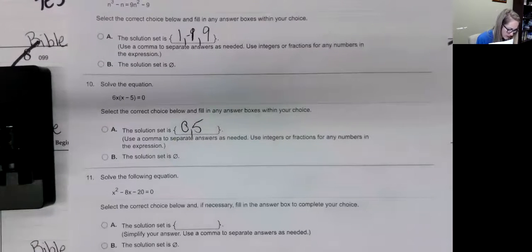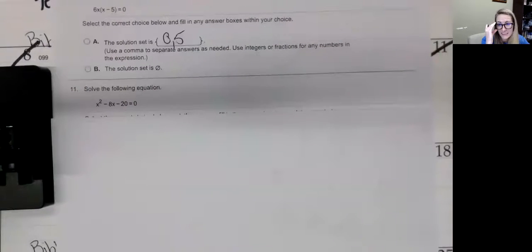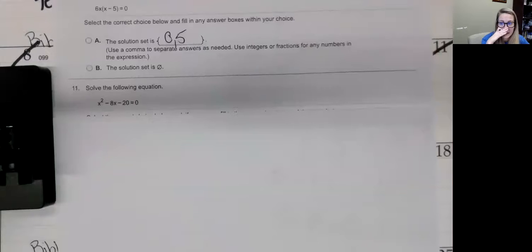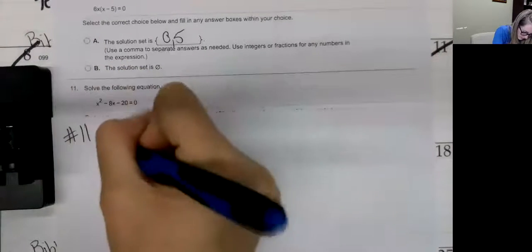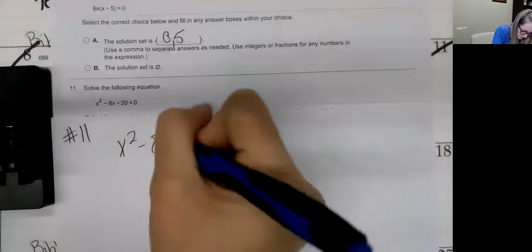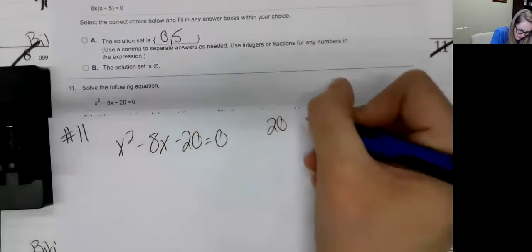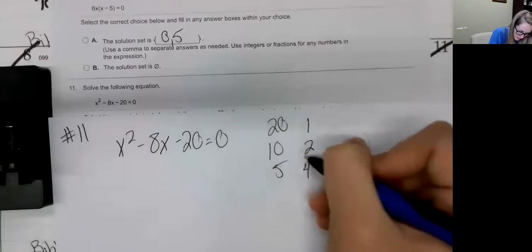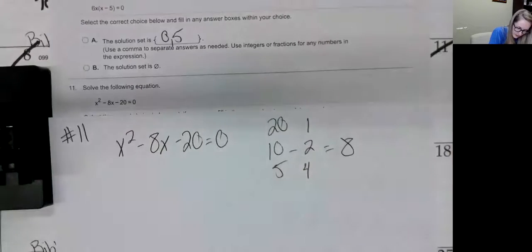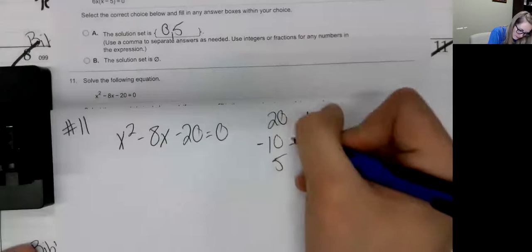Solve the following equation. We have x squared subtract 8x subtract 20. So I need factors of 20 that subtract to get 8. Number 11, x squared subtract 8x subtract 20 equals 0. My factors of 20 are 1 and 20, 10 and 2, 5 and 4. 10 subtract 2 equals 8, but I need it to be a negative 8, so I'm going to have a negative 10 plus 2.